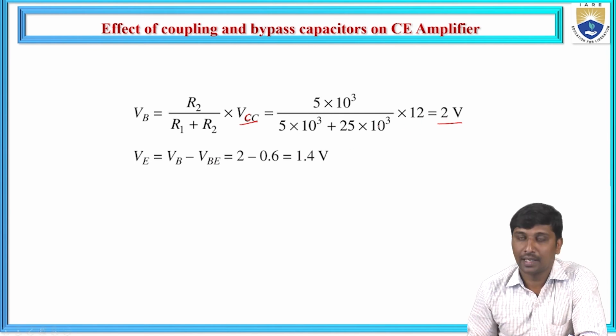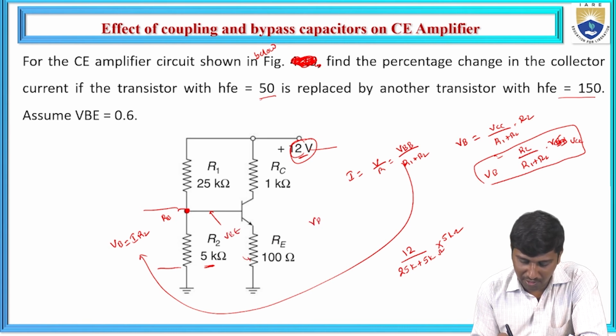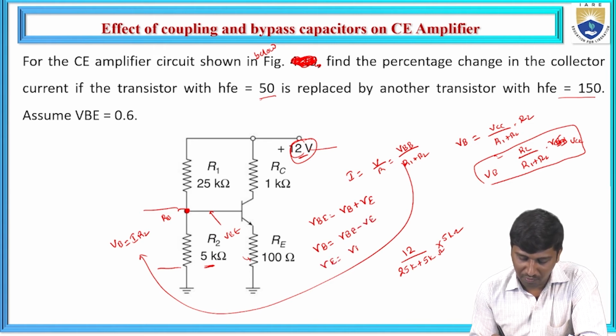Again, VBE means the potential difference between VB and VE. So from this we can write VE is equal to VB minus VBE.